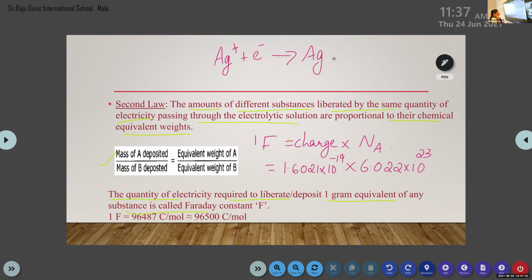Here you can tell me how much quantity of electricity is produced. Here it is 1 electron. So what about the quantity of electricity produced here?